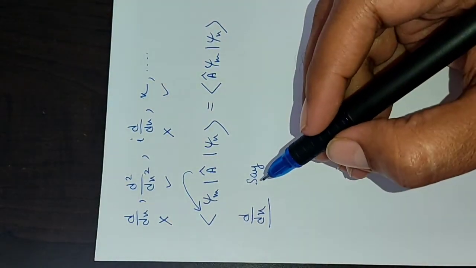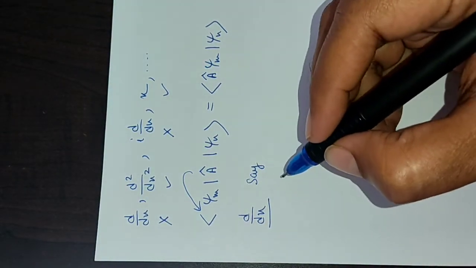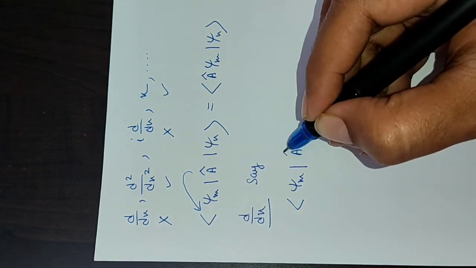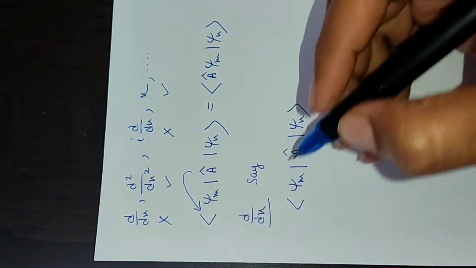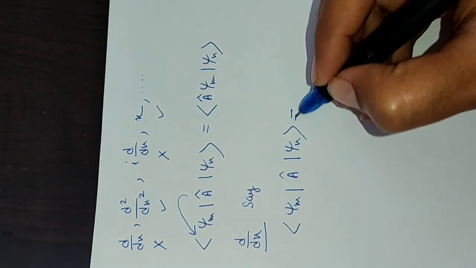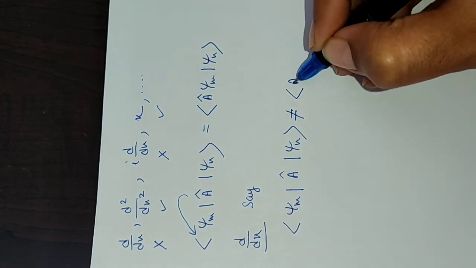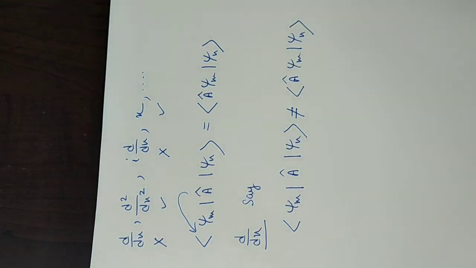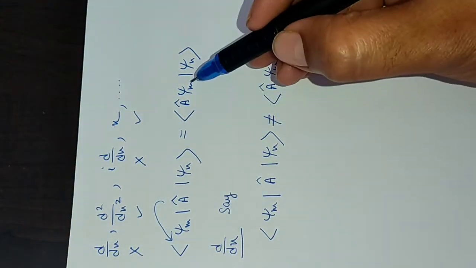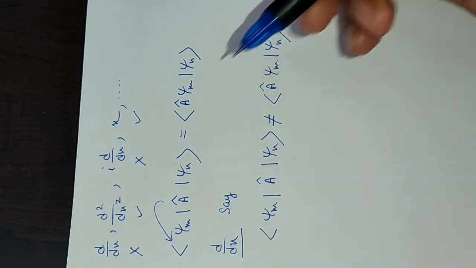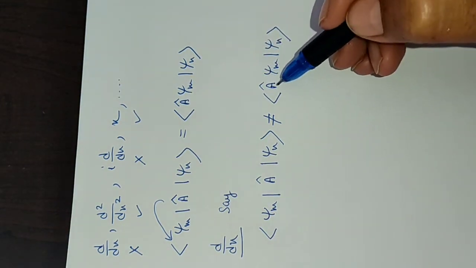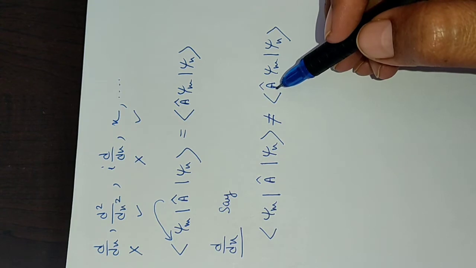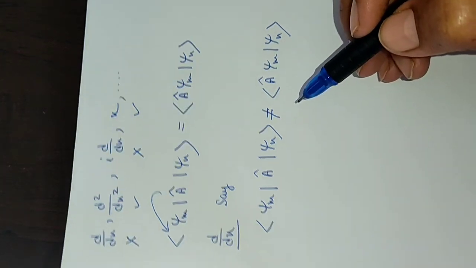Now for d/dx, we will get not equal to this. Since if we get equal to this one, then it will be Hermitian. And if, instead of A in this bra position, we get any other operator which differs from A, then it will be considered non-Hermitian.